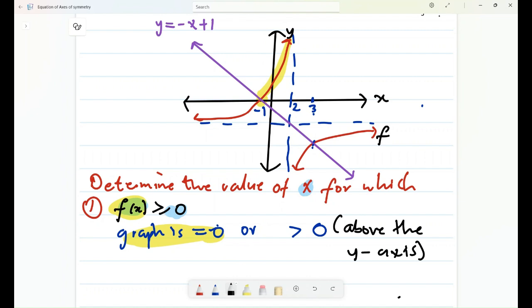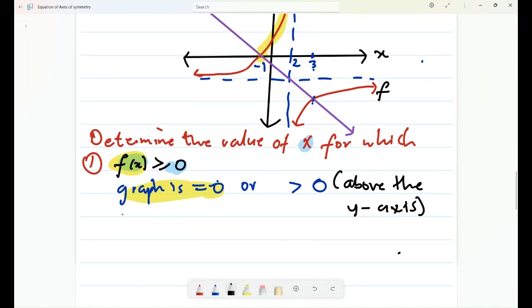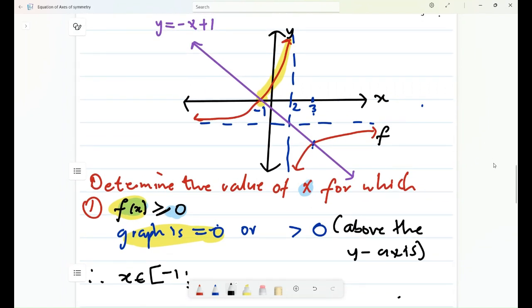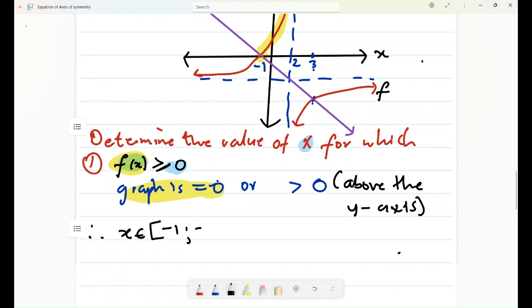But now, as I answer this, I'm going to say, therefore, x is an element of between what? I'm going to include this negative 1. Why am I including negative 1? Because my graph touches negative 1 here at this point. We agree? And the examiner has said equal to. And between negative 1 and 2.